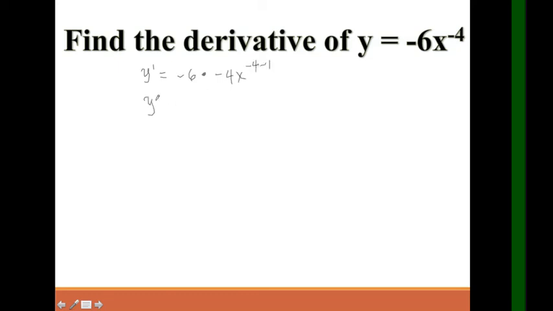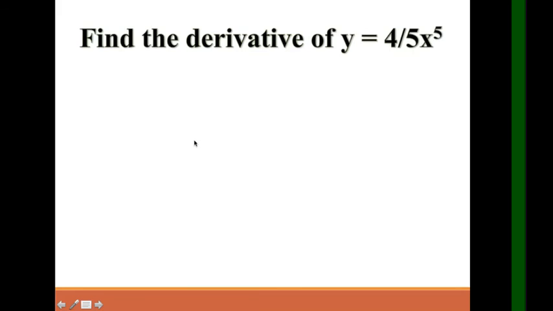And then we have negative 4 times negative 6 is positive 24. X, and then this is negative 5, I think. Tama ba? And then simplify, make the exponent positive by using the rules in exponent. So we have 24 over x raised to 5. Yun. Yun lang yung answer natin. Di ba? Ang dali lang.